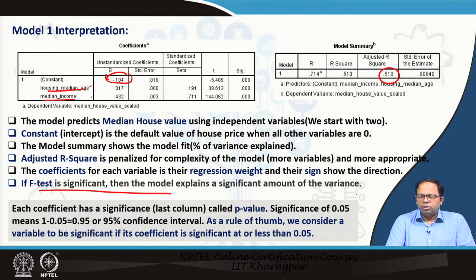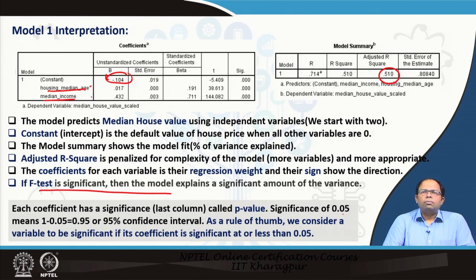So, the F value helps us to determine the overall integrity of that particular model, and each coefficient has a significance value, which is a p value like earlier. A significance of 0.05 means 95% confidence interval. And as a rule of thumb, we consider a variable to be significant if the coefficient is significant at or less than 0.05.